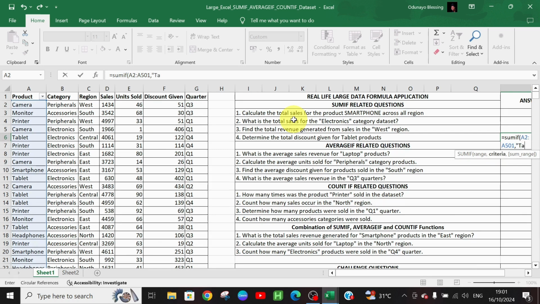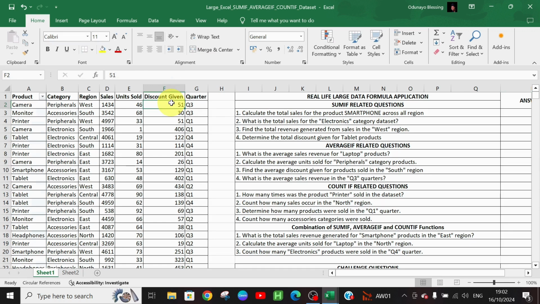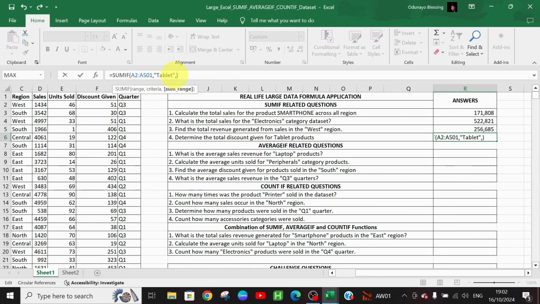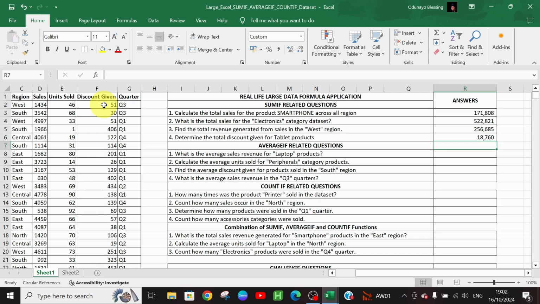And what are we looking for? Tablets. In which sum range? It's talking about discount now, so discounts in this instance is F2 to F501. So we already have the answers for all the questions related to SUMIF.